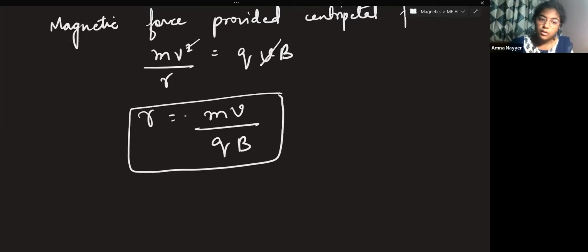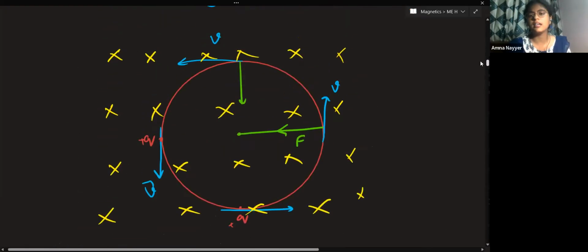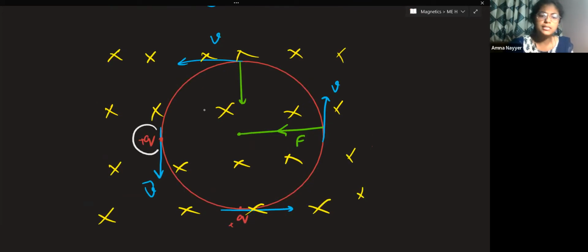Fine. Now, certain other quantities are also asked. What is time period? Time is distance divided by speed. So, what's the distance for this charge? Can anyone tell? What's the distance that will be covered by this charge, which is forming this complete circle?